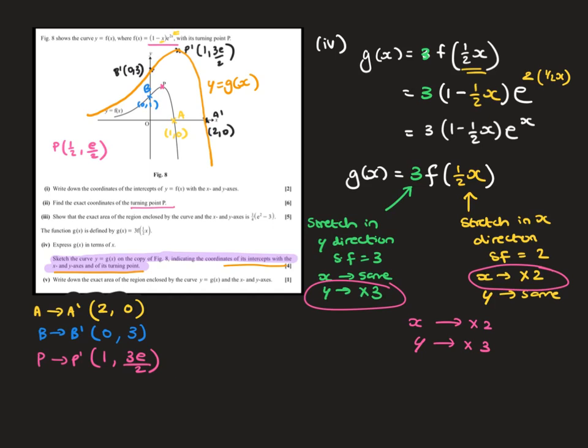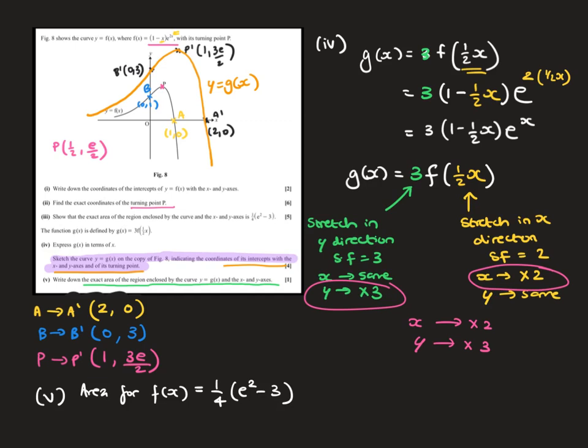So part 5, to finish all of this off, write down the exact area of the region enclosed by the curve y equals g of x and the x and y axes. Now, let's remember that the area for f of x was equal to a quarter e squared minus 3.